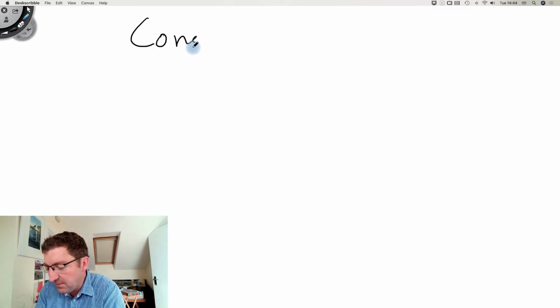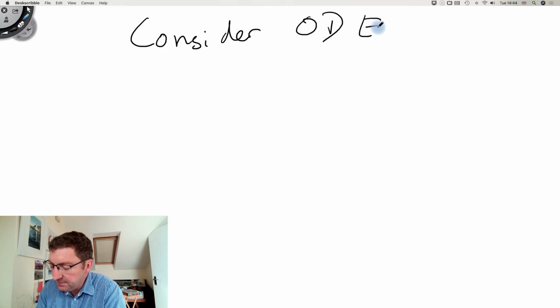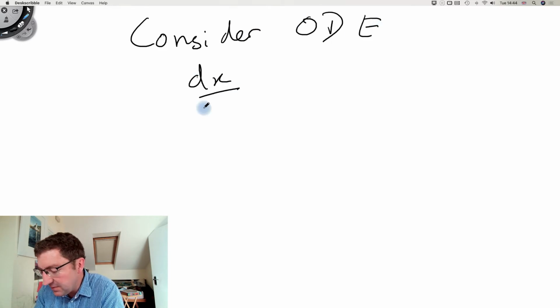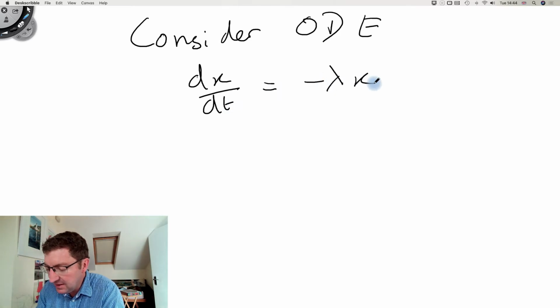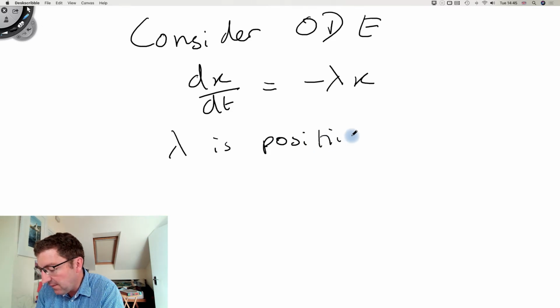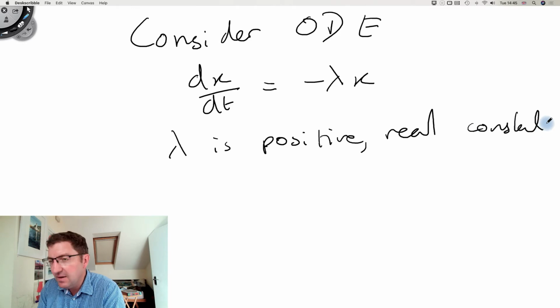And the ODE was simply dx by dt equals minus lambda x, and lambda is a positive real constant. This is almost the simplest sort of ODE you can solve.